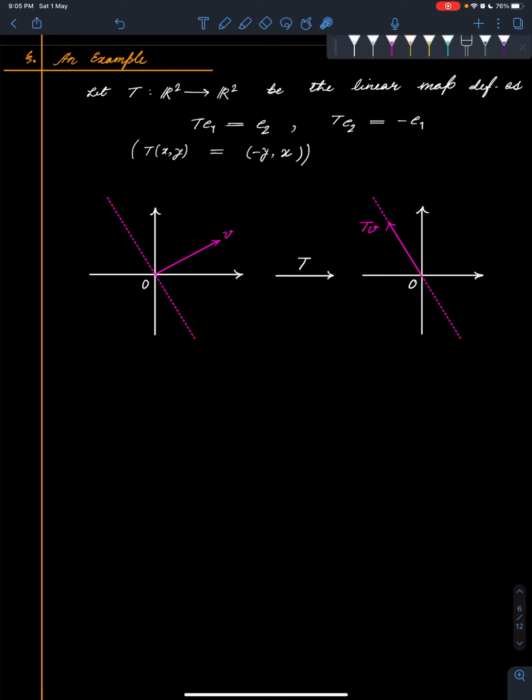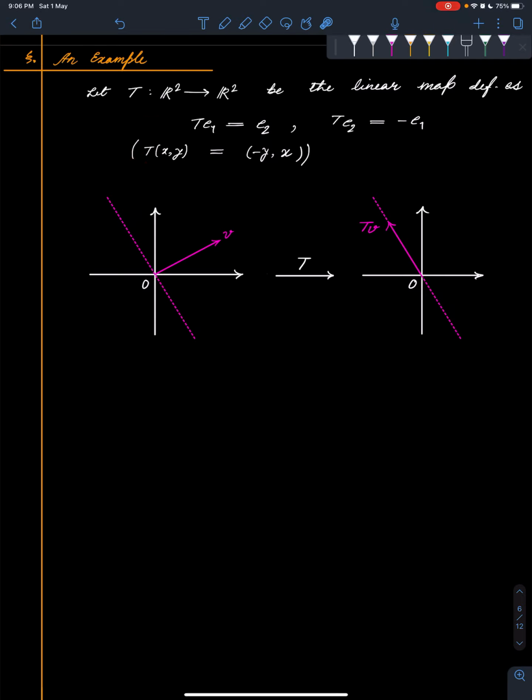So E1 is this vector, and E2 is this vector, the standard basis vectors. And the linear endomorphism is defined via sending E1 to E2 and E2 to minus E1. So this goes here and this goes here. If you work out the actual description, the linearity forces that T behaves this way.